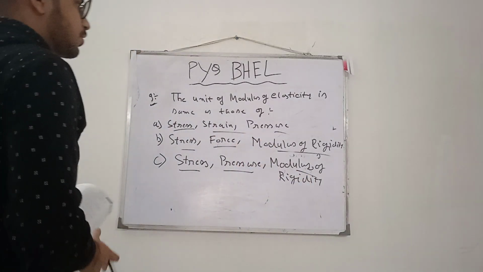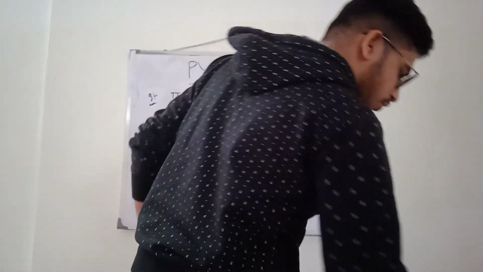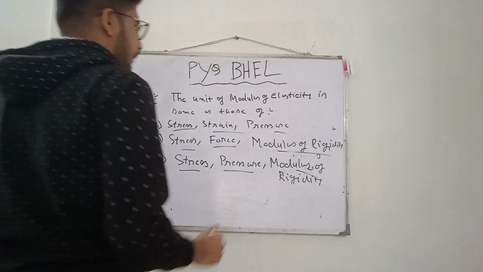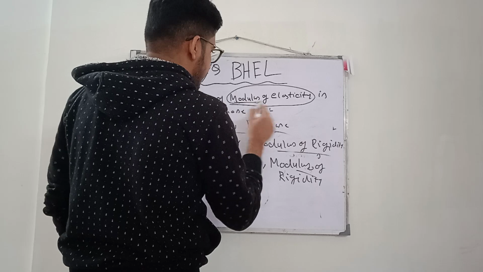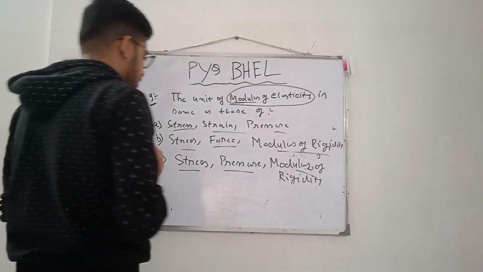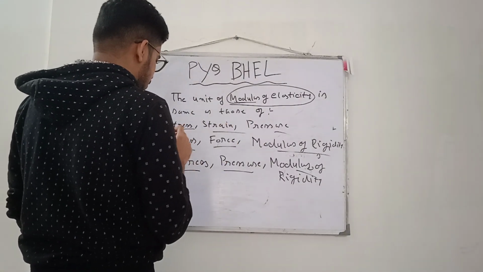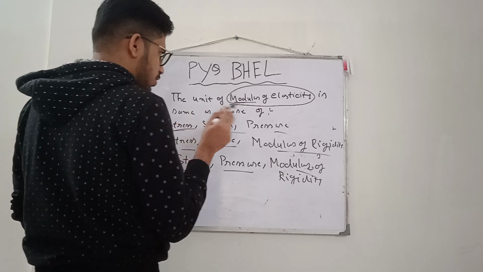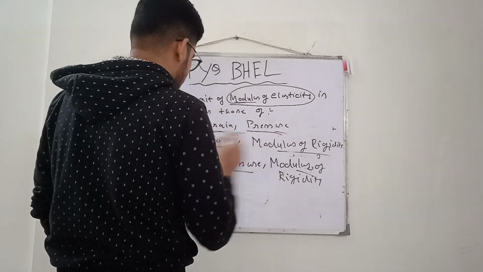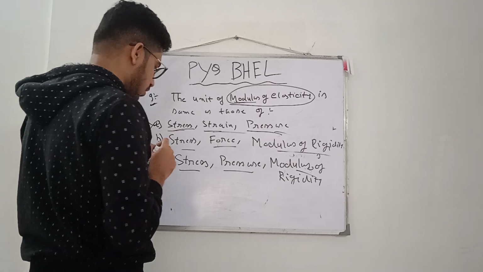Okay, first you have to know the modulus. This modulus word is coming in modulus of elasticity. So here the unit of stress is equal to modulus of elasticity, but not strain, not pressure. So this one is wrong.